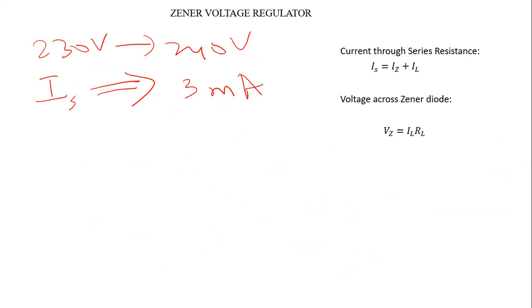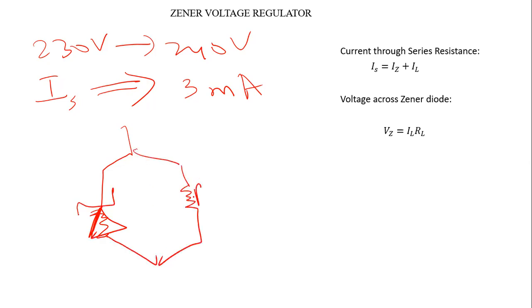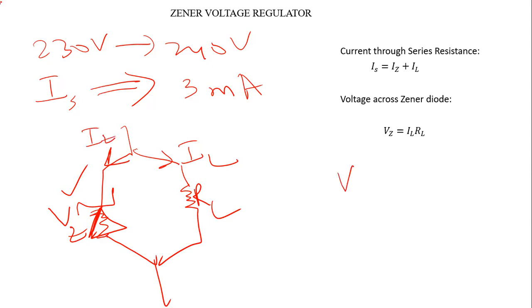Because of the parallel circuit of the Zener diode and the load resistance RL, Vz cannot vary. Since Vz is constant, IL into RL, the voltage appearing across the load resistance, should also remain constant.